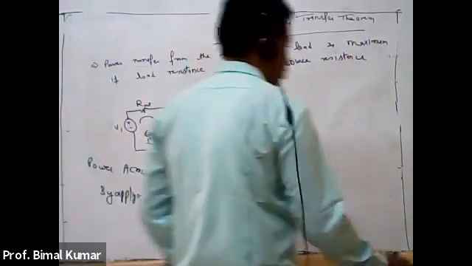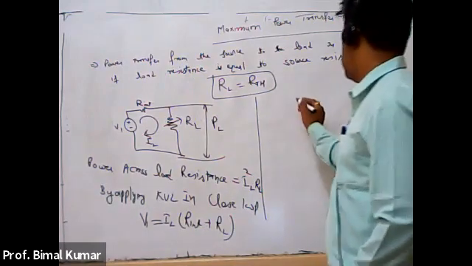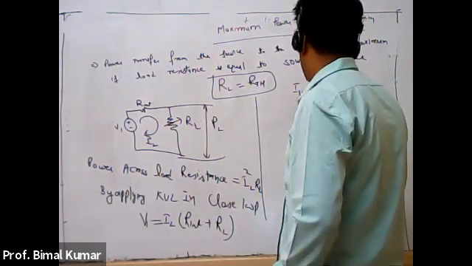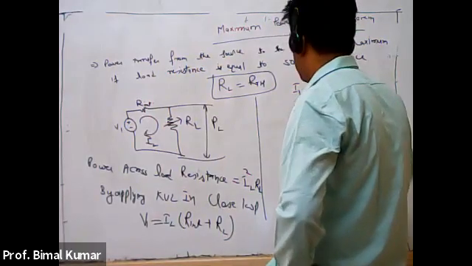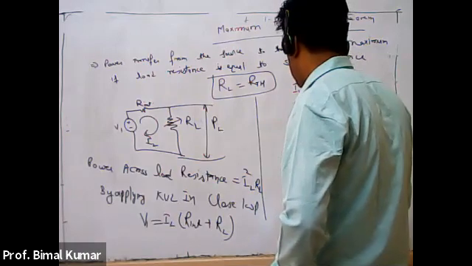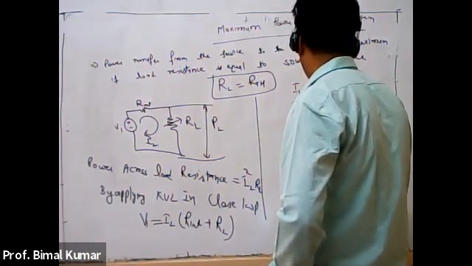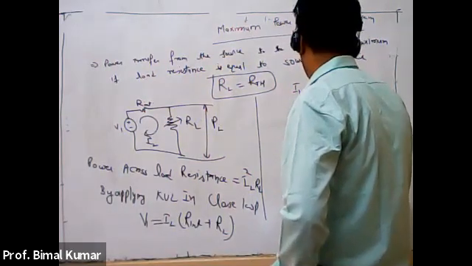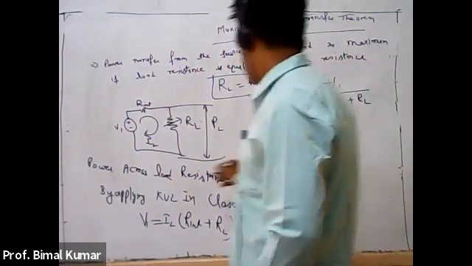Right. So from this, IL is equal to V1 divided by R internal plus RL. Right. Now this is the value of PL.